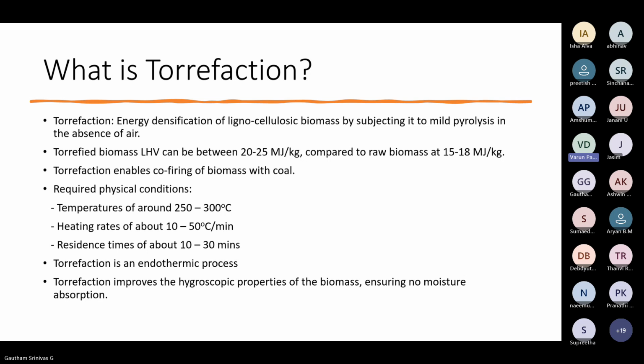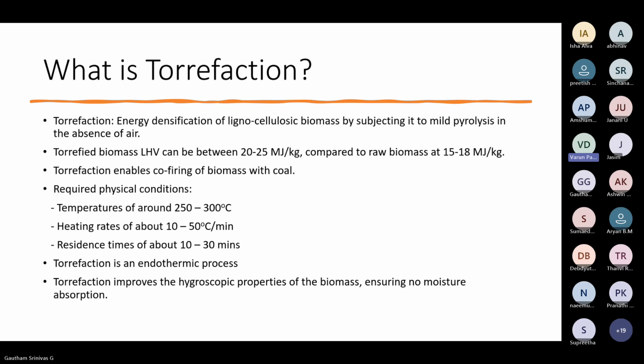Because, sir, densification in the sense. Energy densification, I mean, it's per unit mass. Concentrated. Like the energy which is to be generated is from a concentrated biomass. What do you mean by concentrated biomass?